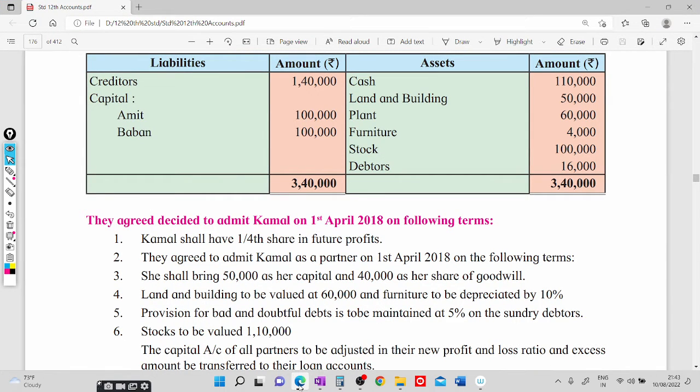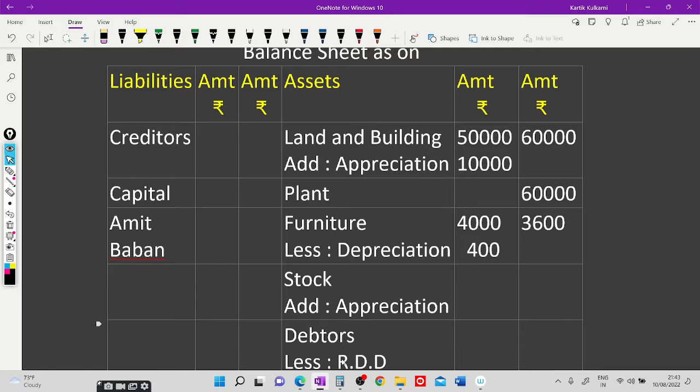Now stock, if you can see, the stock book value is 1 lakh. The book value of the stock is 1 lakh and it is revalued at 1,10,000. So there is an increase in the value of stock by 10,000. There is an appreciation of stock by 10,000.